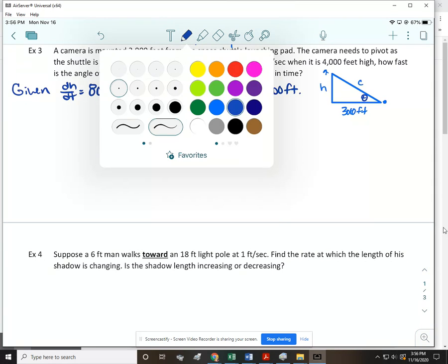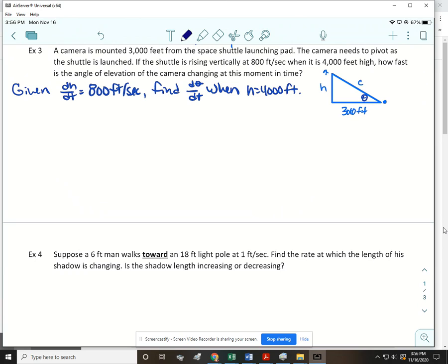Now the thing that relates the height, the distance the camera's away, and the angle is the tangent of theta.